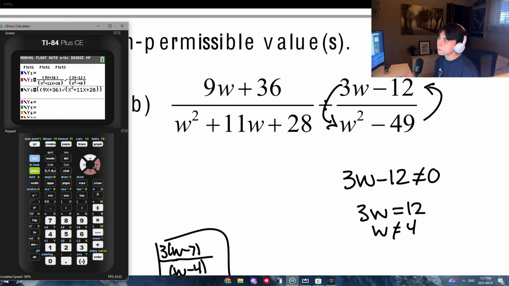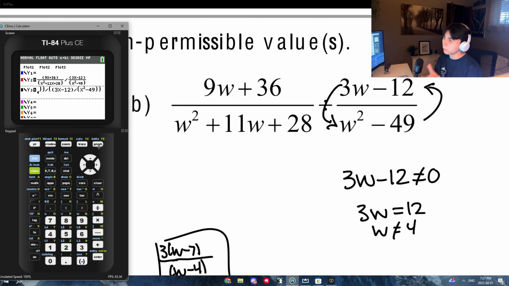So that is the first part of that expression, and we're containing it all in one bracket because we're going to be dividing it by our second term, which is going to be 3x minus 12, divided by x squared minus 49.